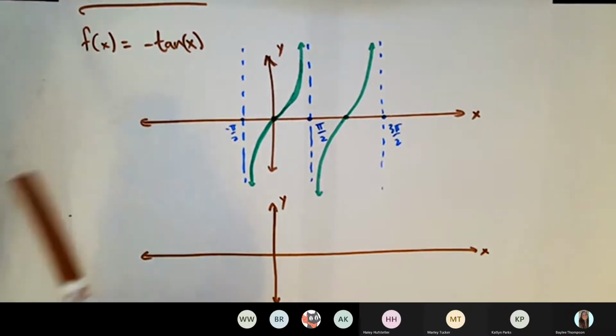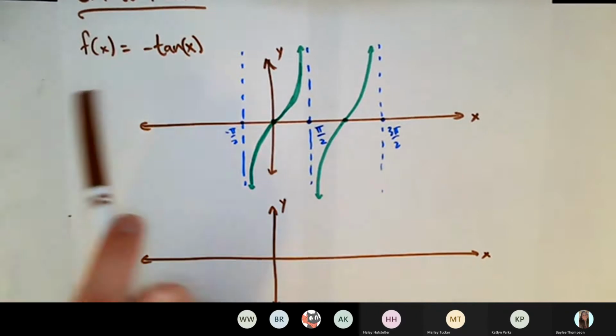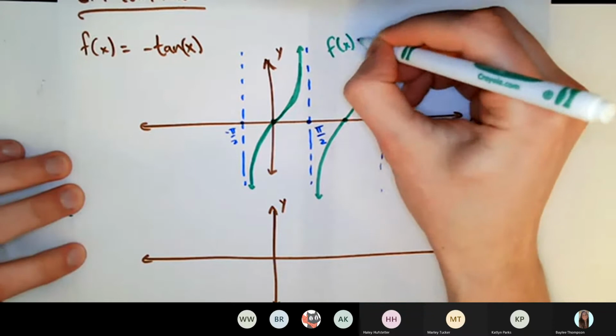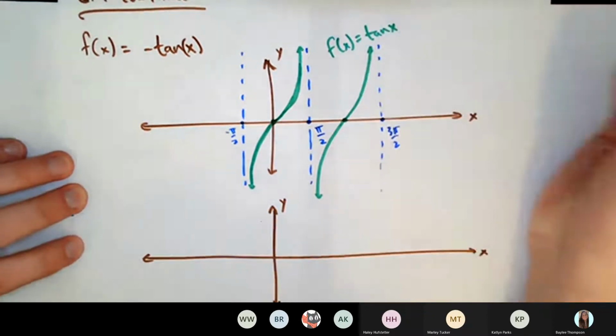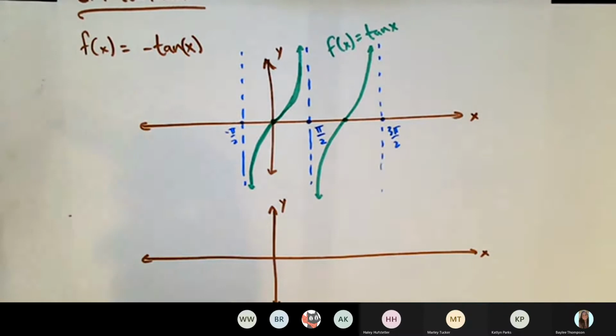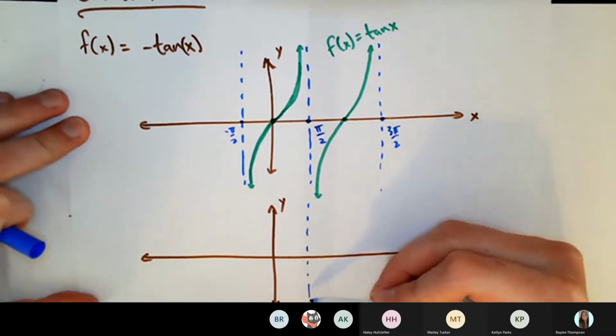Okay, so I want to negate the outside of the function. So this is just tangent x, right? This is not what I was asked to graph. This is f of x equals tangent x, the base graph. Now I've negated it on the outside. That means that I've given it an x-axis reflection. So I'm going to have the same asymptotes.